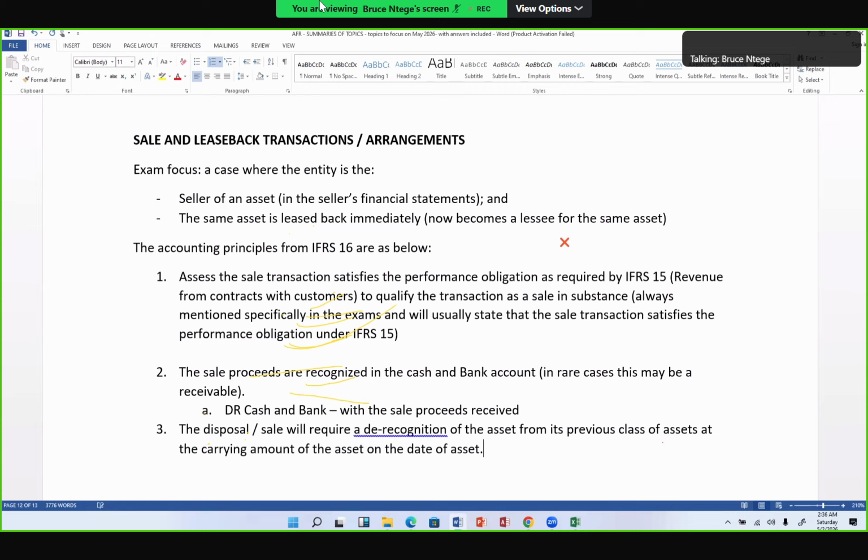For example, if the asset was under PPE, we shall have to derecognize it from the PPE category using the carrying amount it had on that date of the sale.